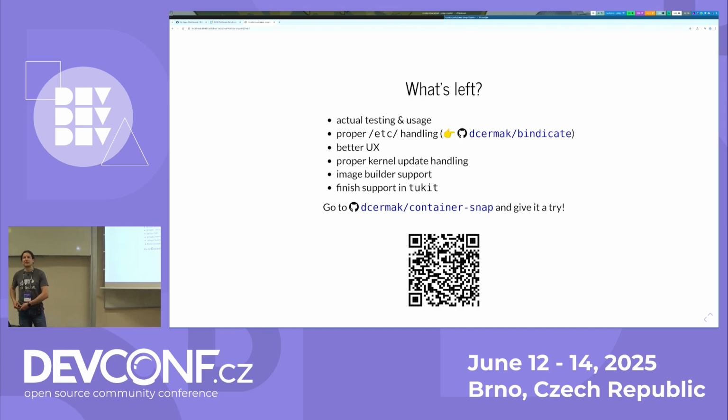So what's the question? Okay, so the question is what's the difference between the proper transactional updates as it's handled by OpenSUSE MicroOS and this one. So it's very similar because it uses the same tech. So transactional update on MicroOS does the same thing.